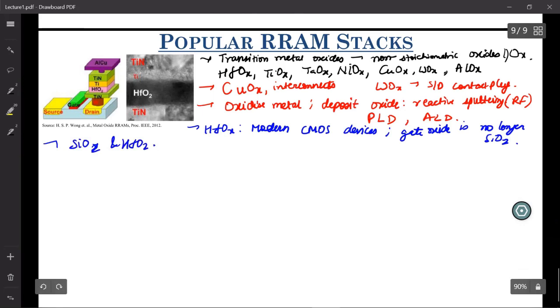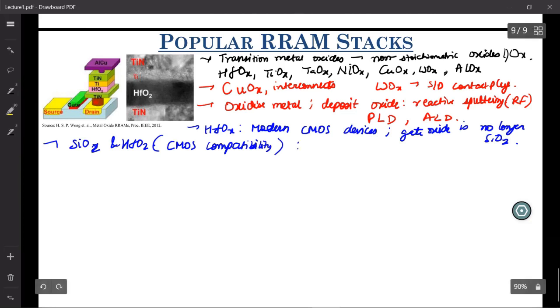So because of its CMOS compatibility, it's already available in your CMOS process. So it's very lucrative to utilize this for memory application as well. So it has been the most widely studied stack.